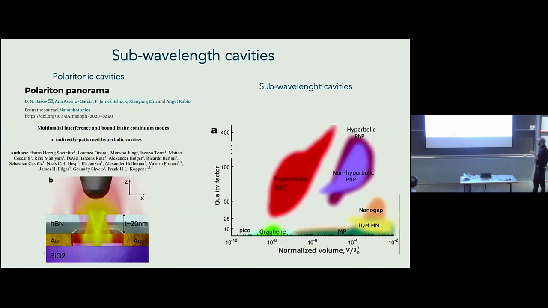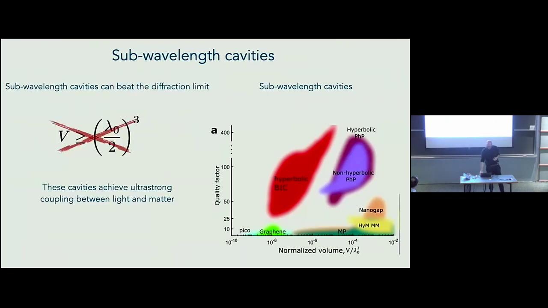But there are still these hyperbolic phonon polaritons that have a very good quality factor compared to graphene and to the split ring cavities. So sub-wavelength cavities can beat the diffraction limit, and they can achieve ultra-strong coupling between light and matter, but this motivates us to really question if we have a good theoretical description.